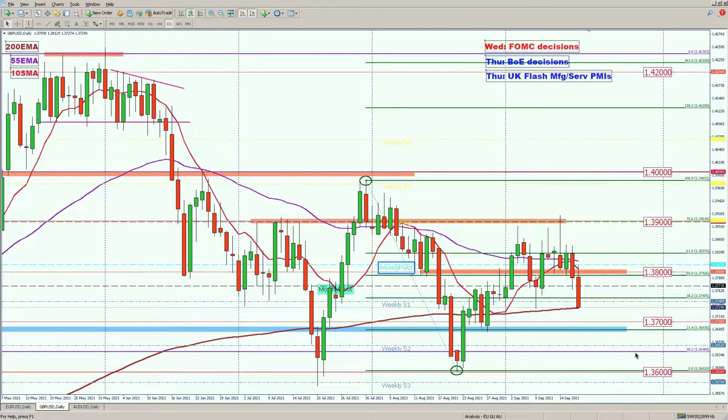If it does break, there's a longer term fib here. I think we can change this now.